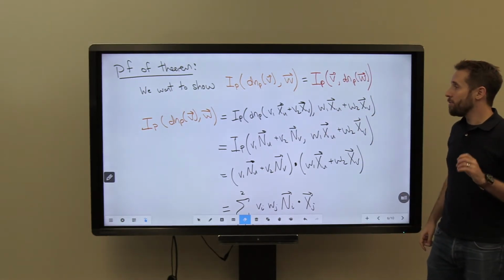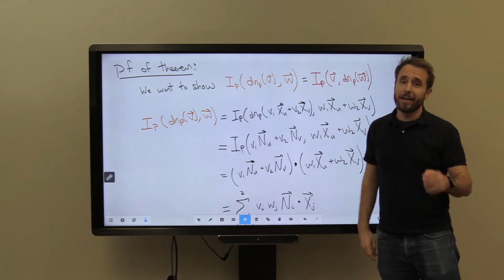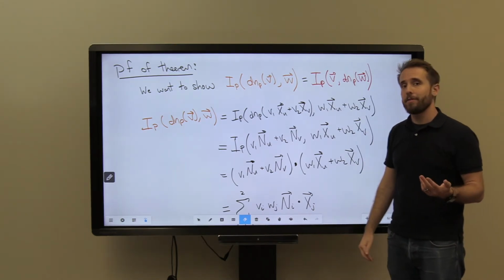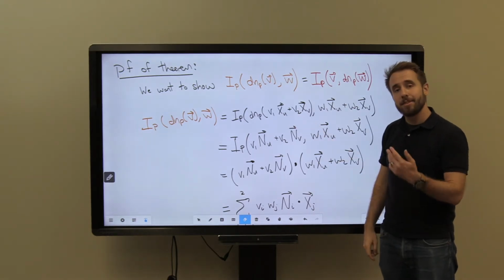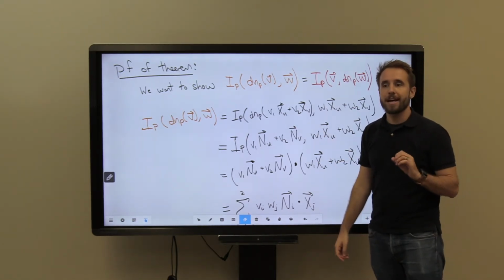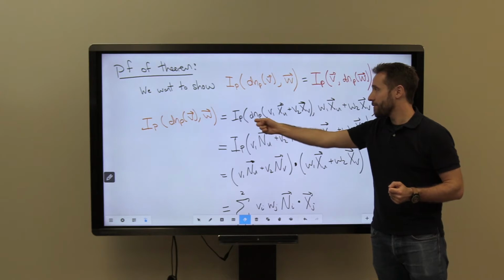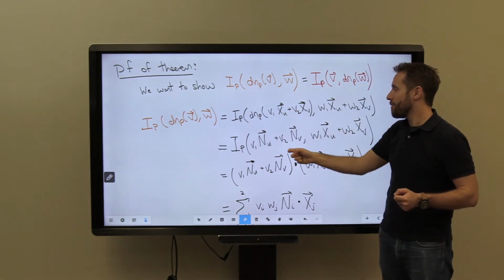But when I go to apply my differential, I really only know this one thing about the differential. I know that if I apply it to x sub u, I get n sub u. This was our big fact from the end of that video: the differential applied to x sub u will equal n sub u.